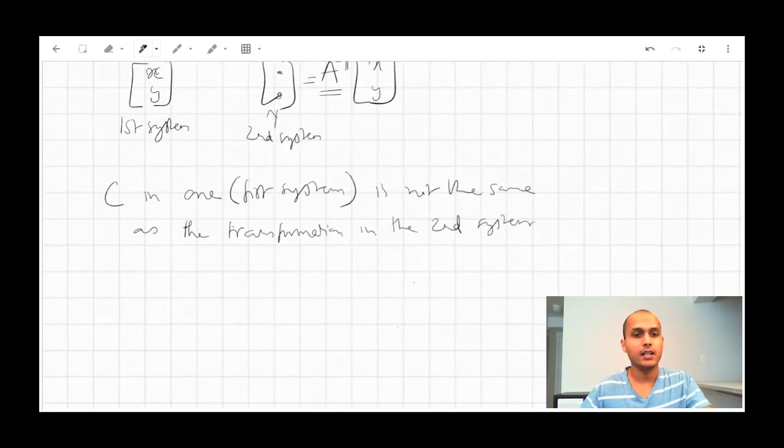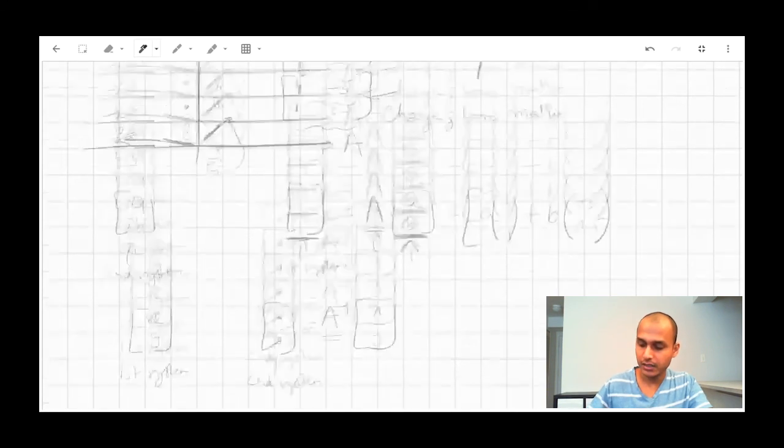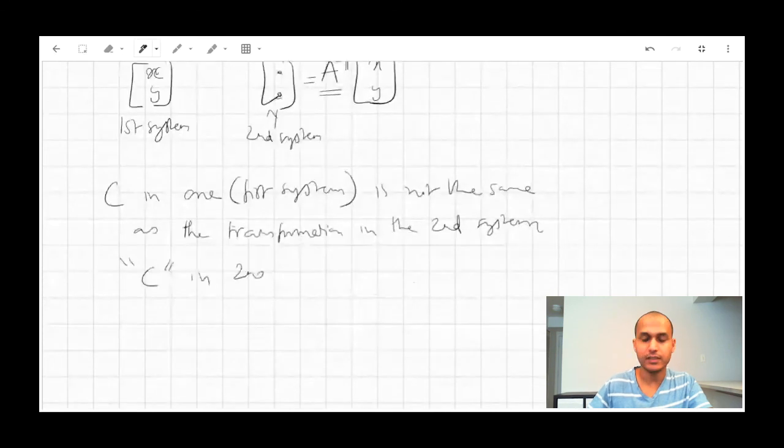And what do I mean by that? Let's say I want to apply a transformation which is the equivalent of C in the second system. So I want to somehow apply C in the second coordinate system.